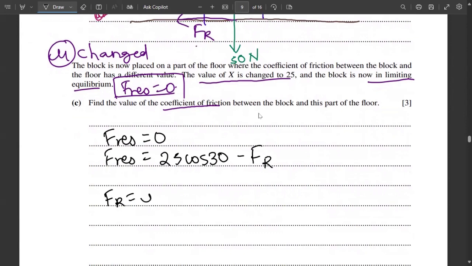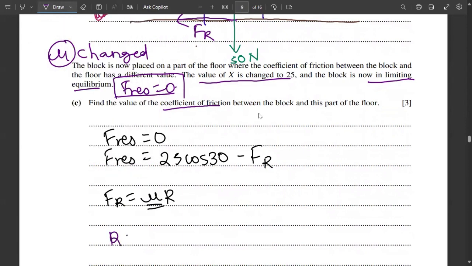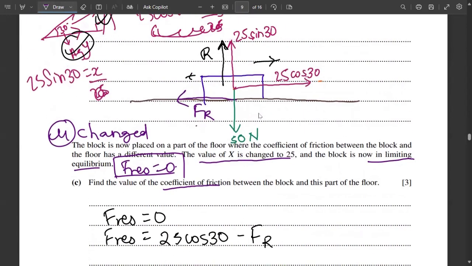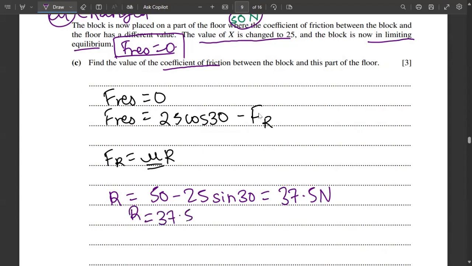FR is mu R. Now we don't know the value of mu, but we can find R. How do we find R now? R will be equal to 50 Newton minus 25 sin 30. If I put this in the calculator, 50 minus 25 sin 30 will give me a value of 37.5 Newton. So R is 37.5 Newton.